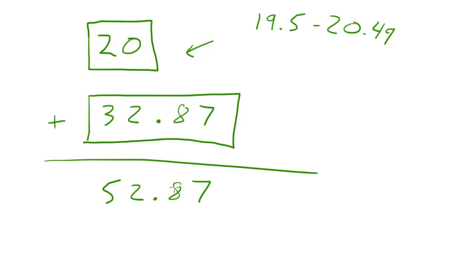So really, all this information to the right of the decimal point is pretty much just a guess. So the only information that we really want to work with is this.